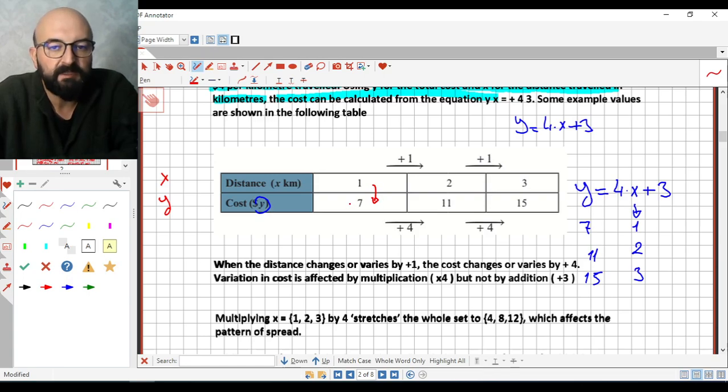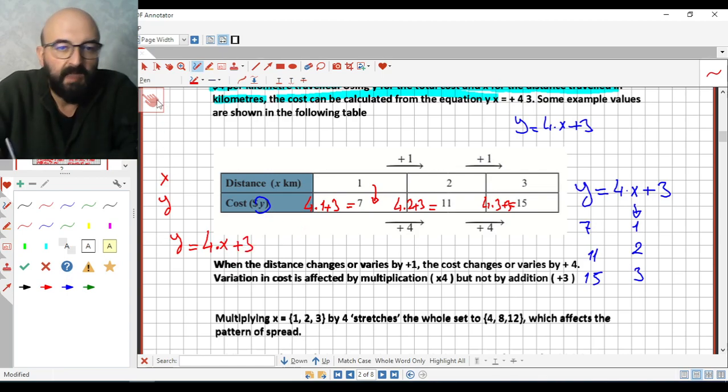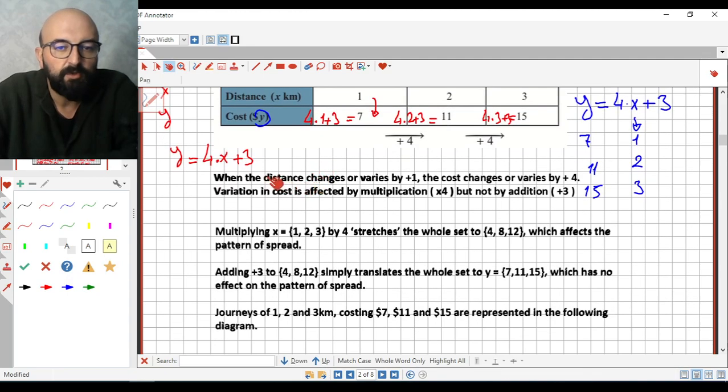For example, 7 is 4 multiplied by 1 plus 3, 11 is 4 multiplied by 2 plus 3, and 15 is 4 multiplied by 3 plus 3. So the y value is four x plus 3.